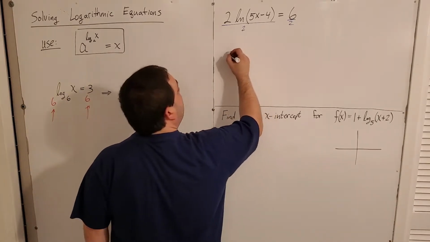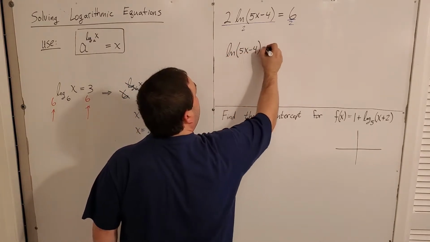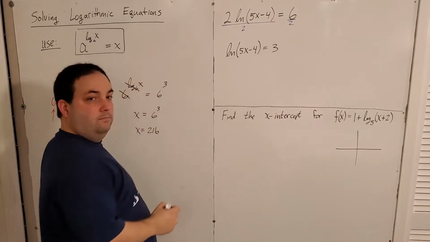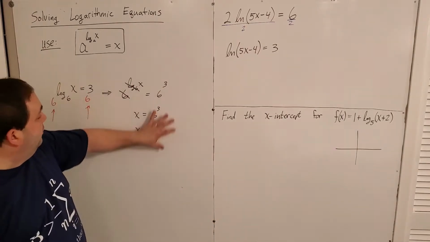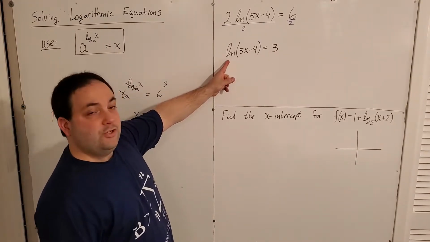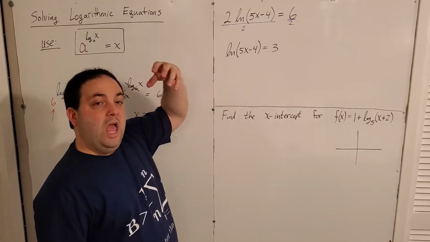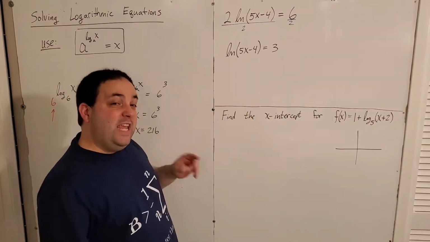So what I'm left with is ln of 5x minus 4 equals 3. Now I'm in the same situation as I was over here. You just need to remember that ln is an abbreviation. It's just shorthand for log with an e base. The number e, right?